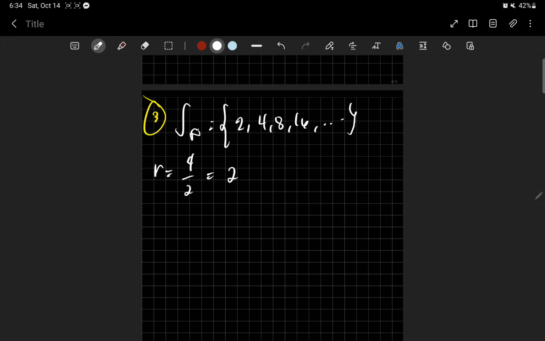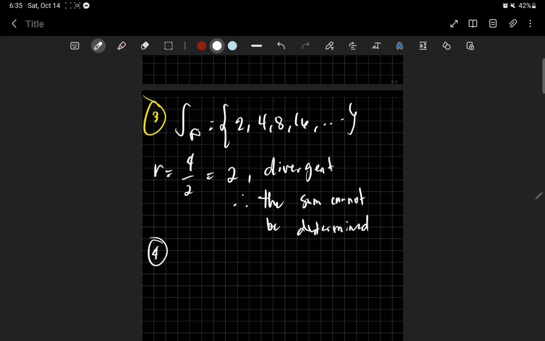Now, is it convergent, divergent? Alright, this is divergent. So, the series is divergent. Therefore, the sum of this geometric series cannot be determined. So, ibig sabihin, walang solving na mangyayari kapag divergent siya.